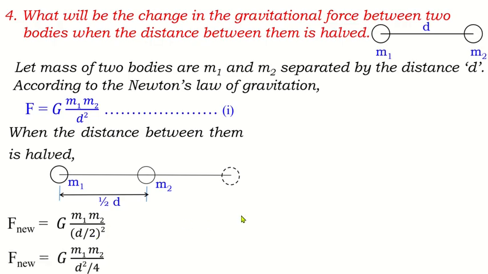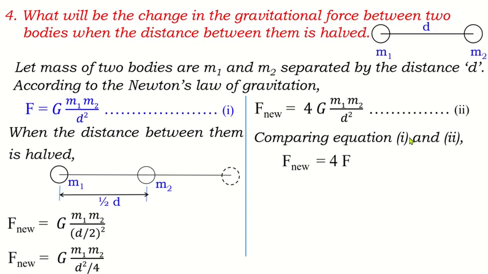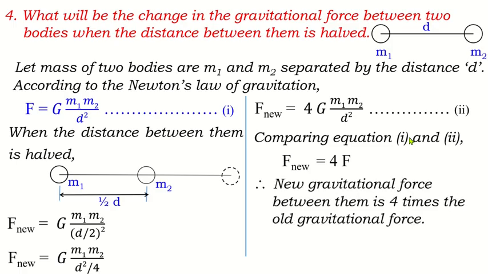Now F new is equal to G m1 m2 by d square by 4. The 4 goes up and we can write this way. Now the new gravitational force is 4 times greater than the old gravitational force, isn't it? Comparing equation 1 and 2, F new equal to 4 times F. It means the new gravitational force between them is 4 times the old gravitational force.